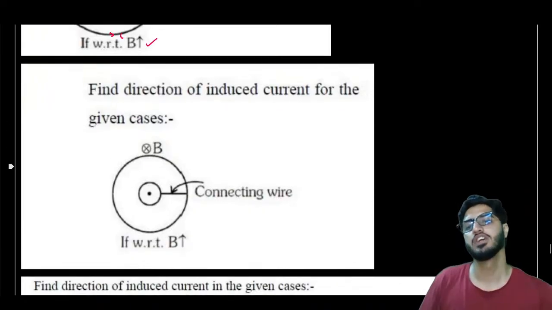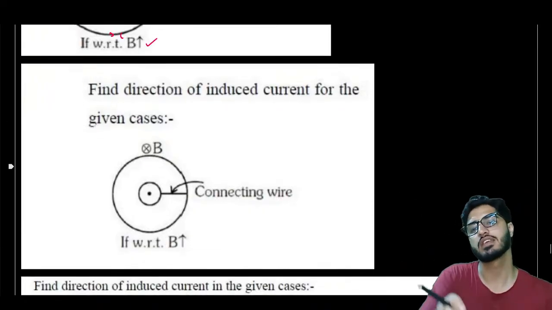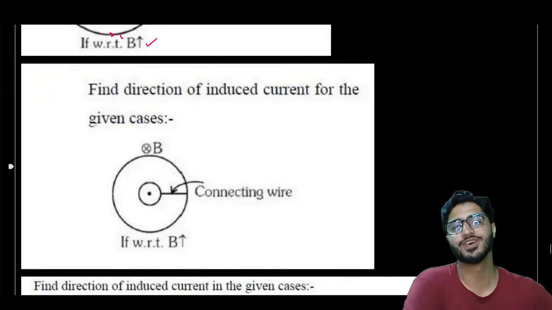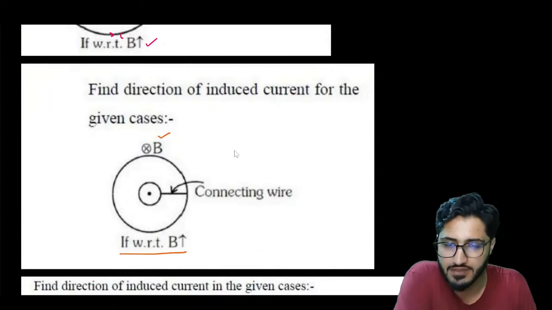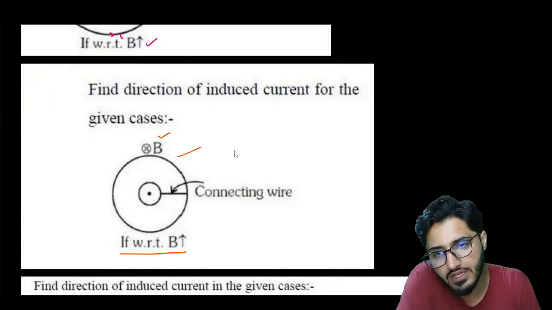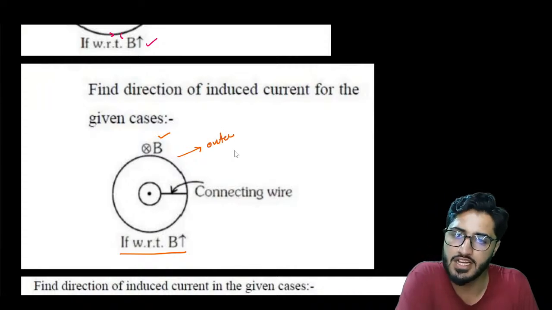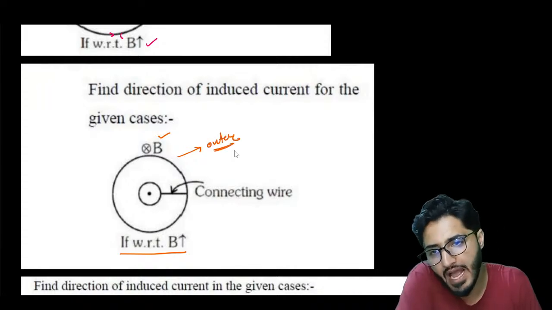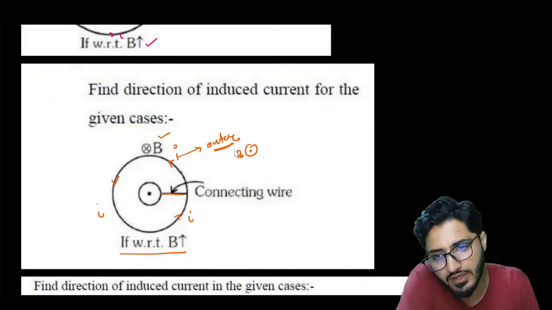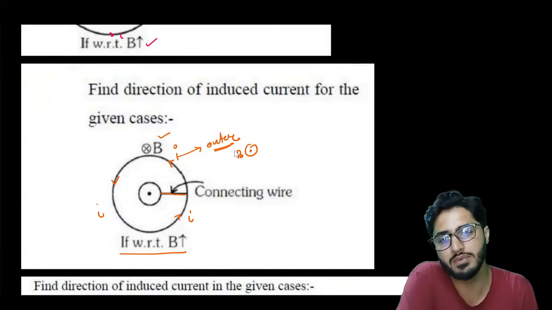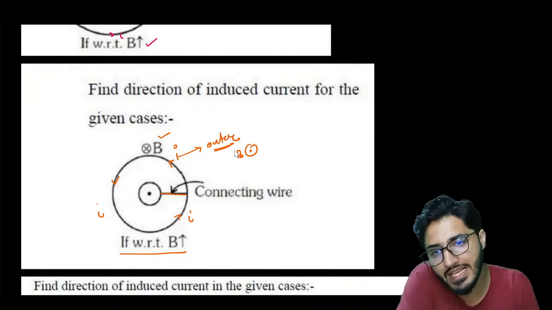Okay, this concept is related with what? KCL. Okay, look now, how it is related. B is inwards, B is increasing. So take only this outer loop. It is big. So my magnetic field should be outwards. That means if current I is flowing here, what will be the current in this one? Look beta, we know that if current I is leaving, I should be entering.